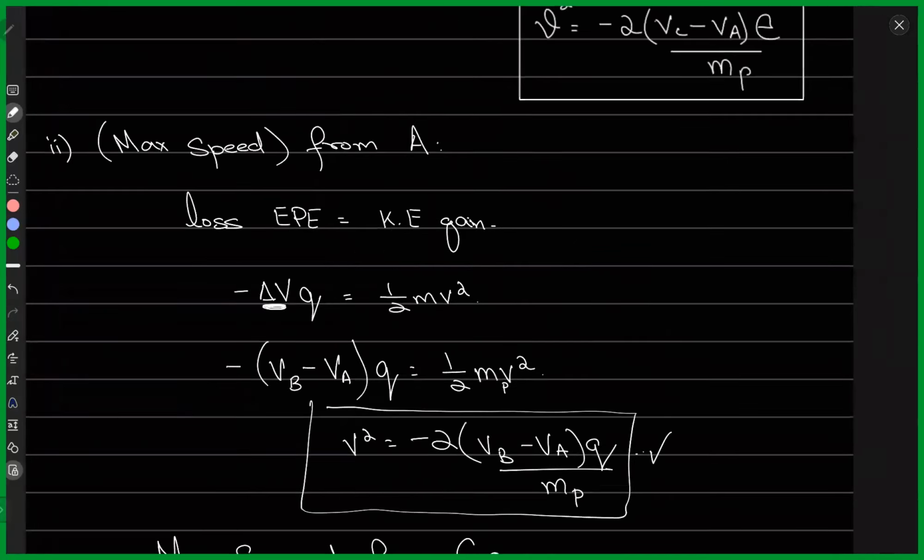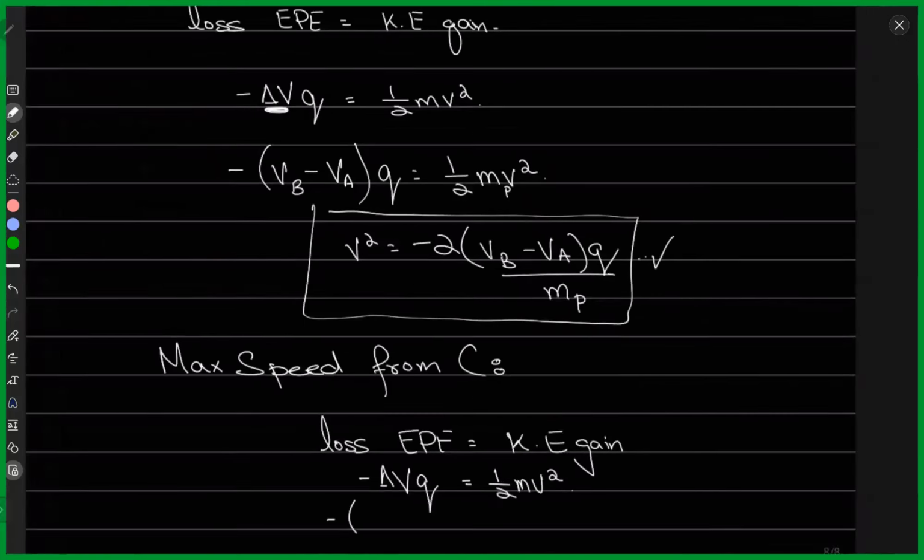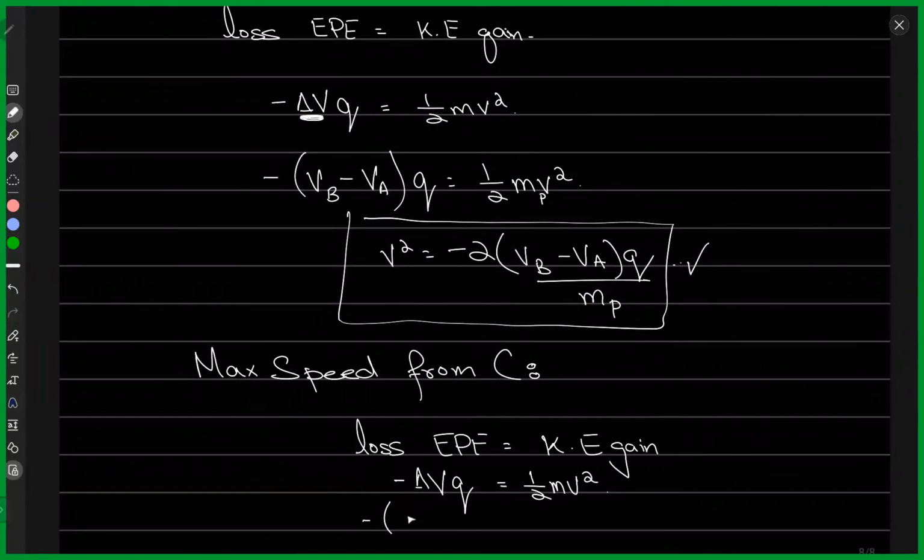It's initially released from C and it travels to B, which means that initial potential is 4 into 10 raised to power 5 volts, and final potential is 1 into 10 raised to power 5 volts. So final potential stayed the same, but the initial potential has changed. So this would be minus (VB minus VC), where VB is the final and VC is the initial, times the charge, is equal to half mv squared. And from here you can find the velocity of the particle.